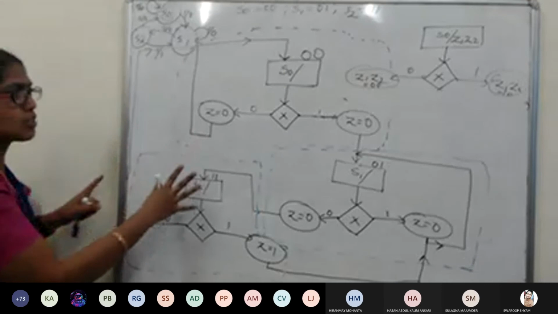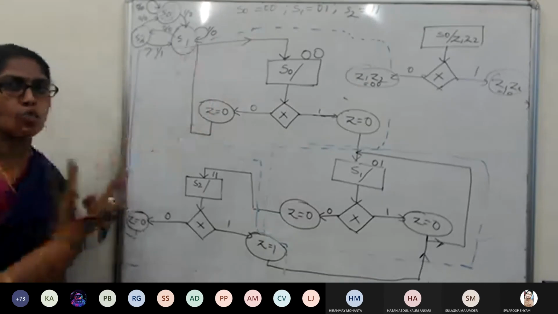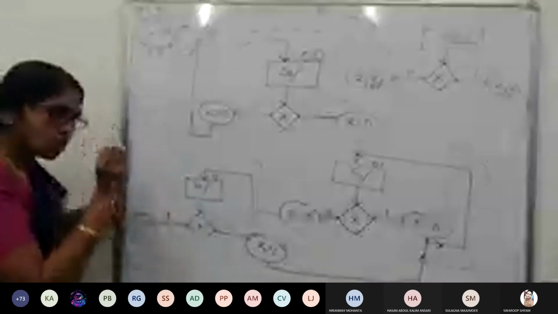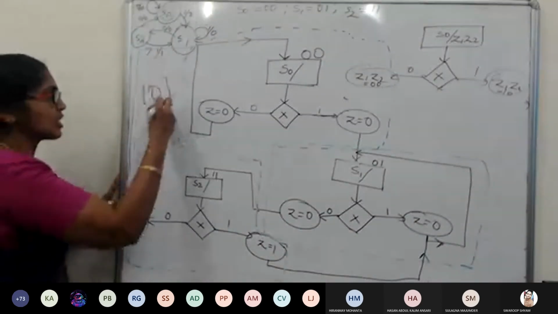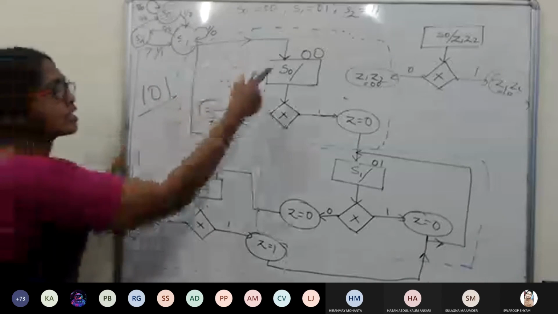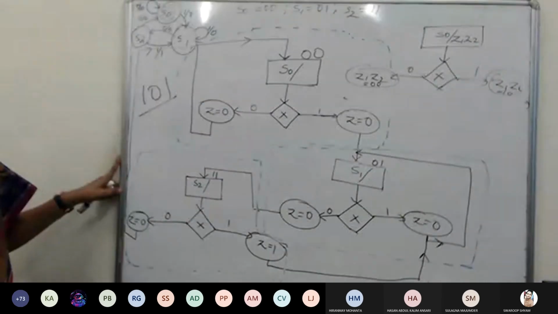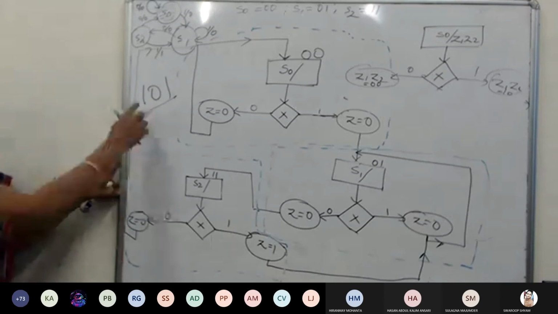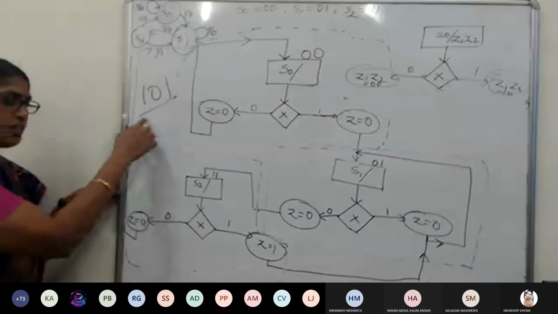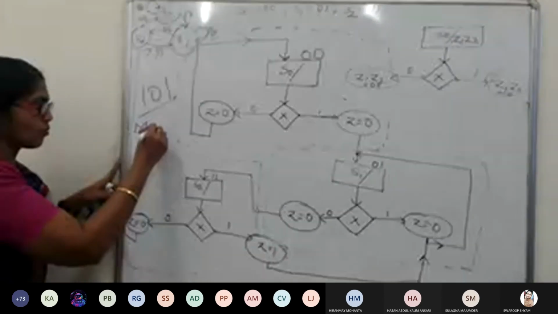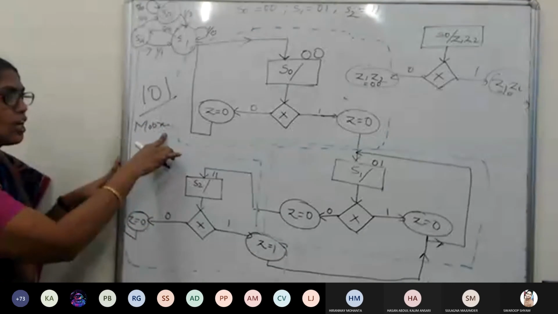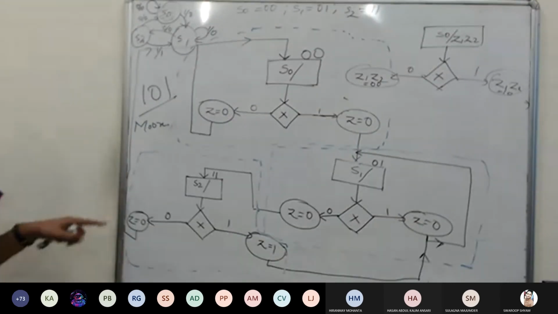Now this is the ASM chart, and those are the complexities we have designed for. This is the ASM chart of a Mealy machine to detect the sequence 101 with the state assignments like this. Now I want you to design the same 101 sequence detection with the Moore type.